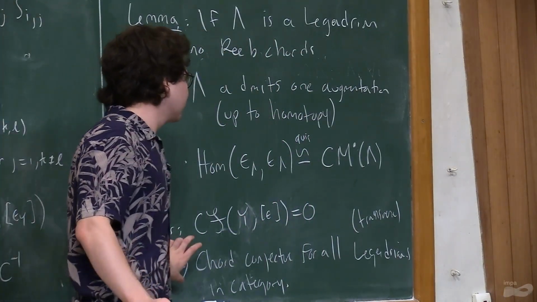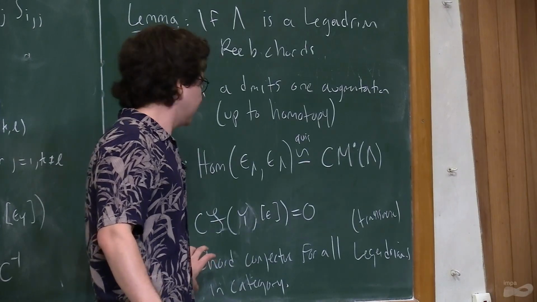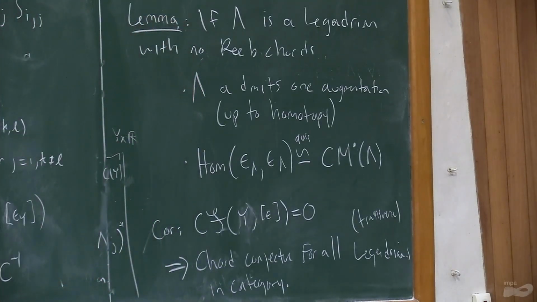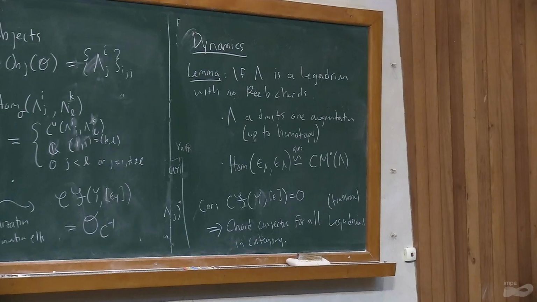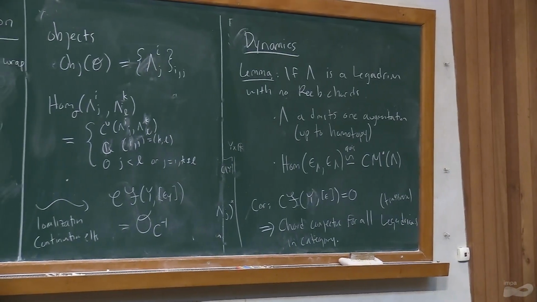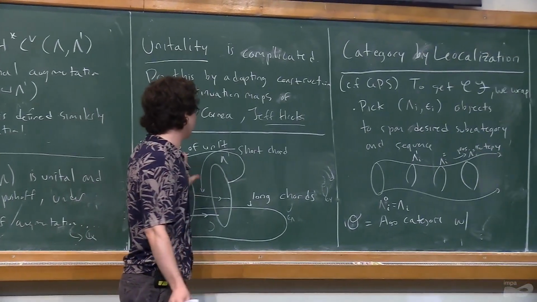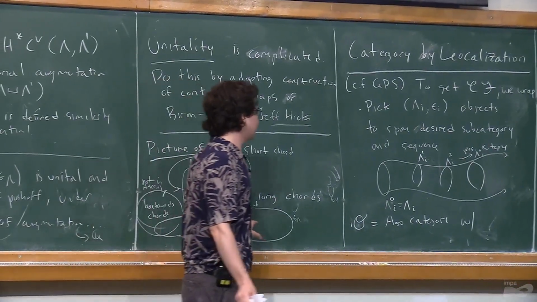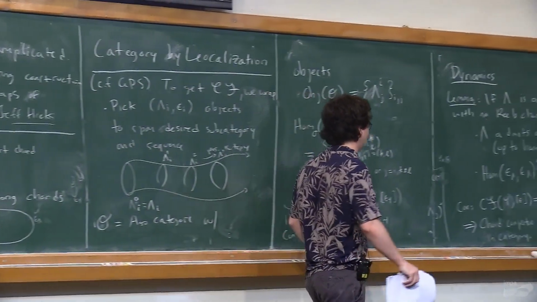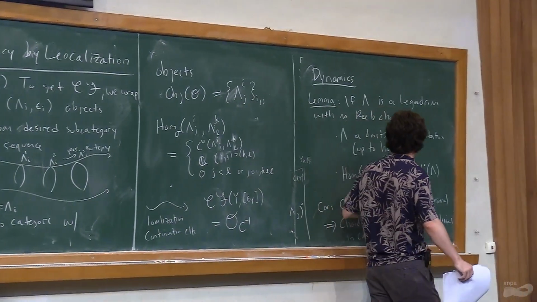And actually, you can prove something much stronger, which is that this picture can be upgraded to an exact sequence relating the linearized homology, some sort of dual linearized homology of lambda, to the homology of the self-hom of this augmentation.